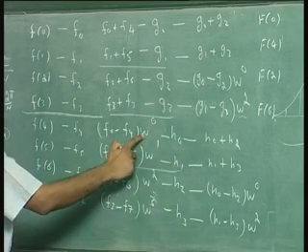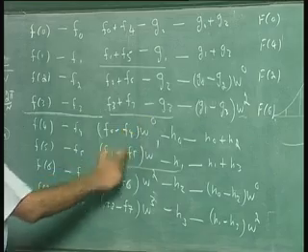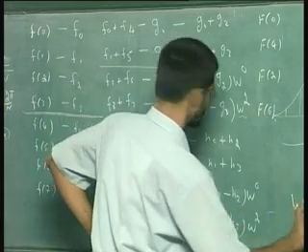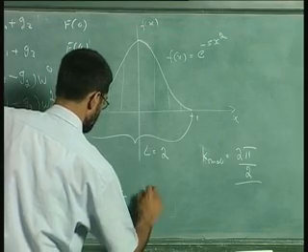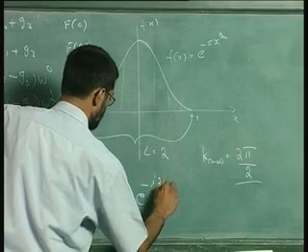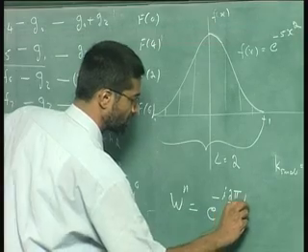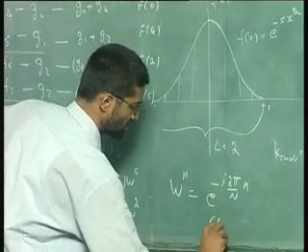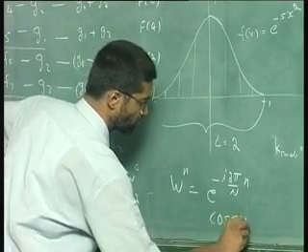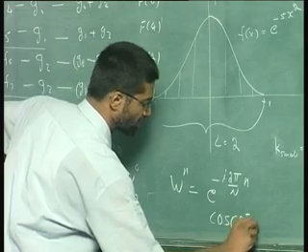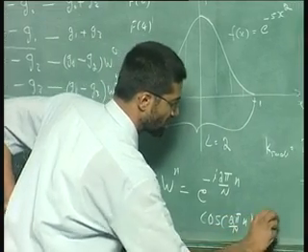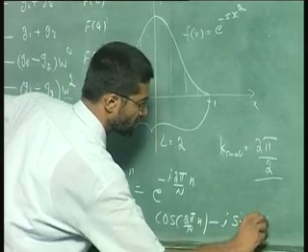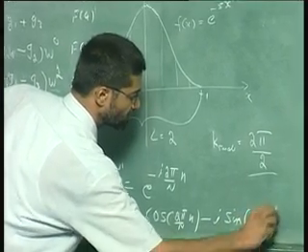Remember w to the power n is nothing but e to the power of minus I 2 pi by n into n. So that has 2 parts, that is cos of 2 pi by n into n and minus I sine of 2 pi by n into n.